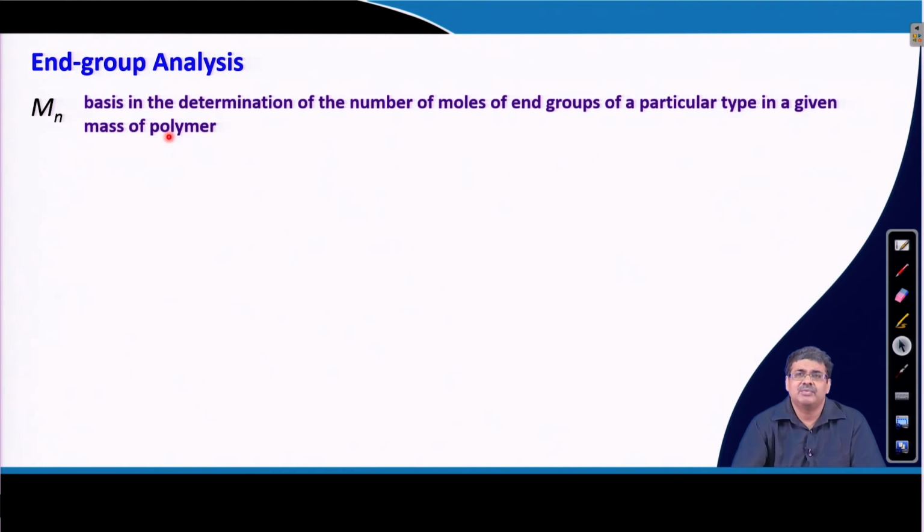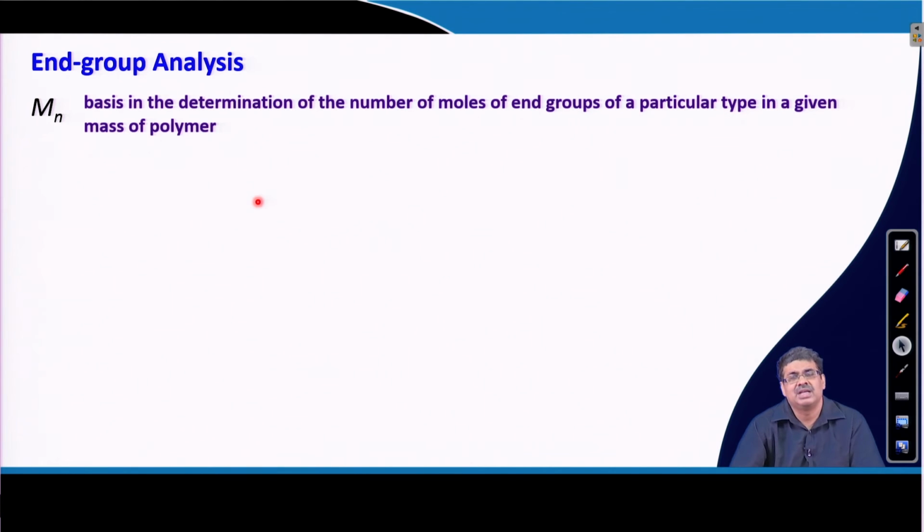Next technique, we will talk about end group analysis. This also gives us the number average molecular weight, and the basis of this measurement is the determination of the number of moles of end group, for a particular type of end group, in a given mass of polymer.